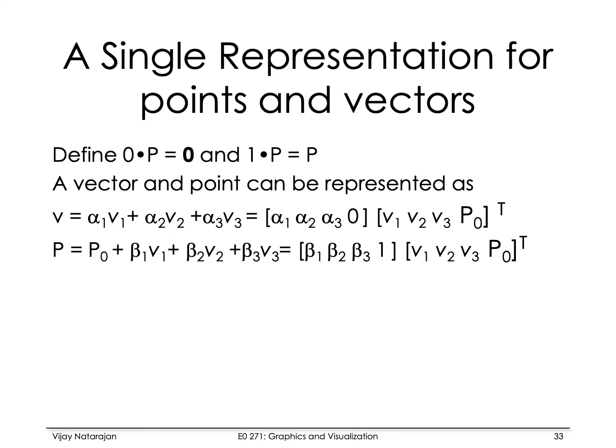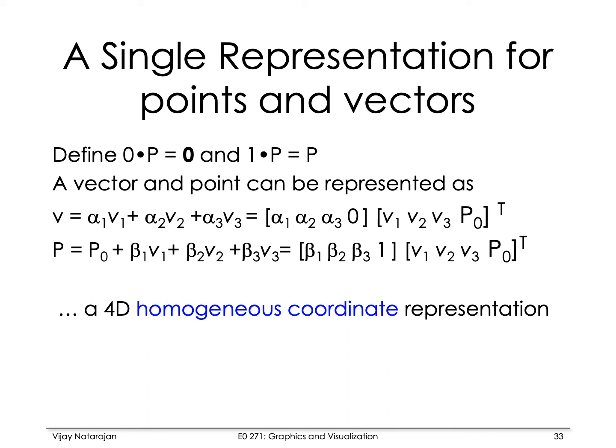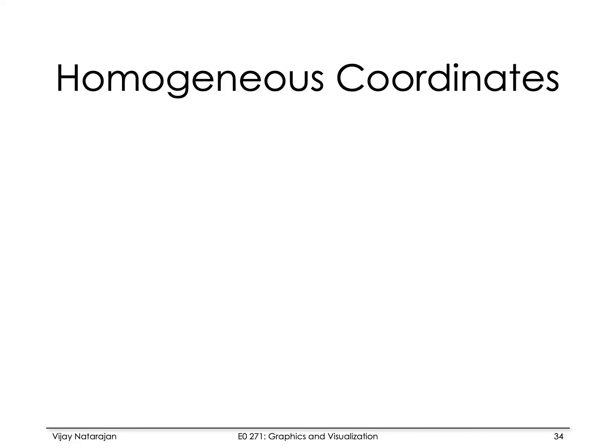So this new representation is called the homogeneous coordinate representation. In this case, it's a 4D homogeneous coordinate representation. And again, the convention is to write down these representations as column vectors. Let's now talk about homogeneous coordinates a little bit more.